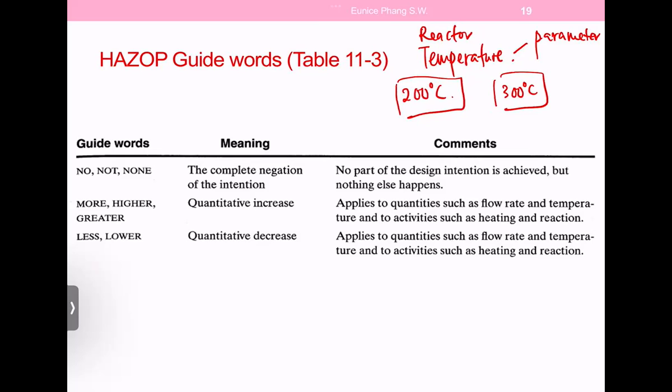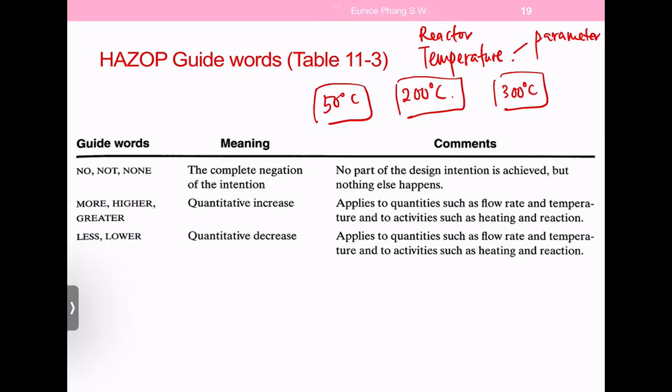So what happens if you're supposed to run at 200, but now you look at it and the display shows 50 degrees Celsius? What could go wrong? What could cause your reactor to be at only 50? Perhaps I have contamination in my material.